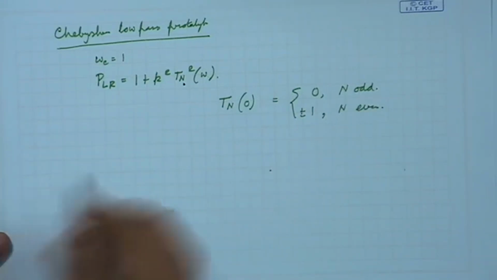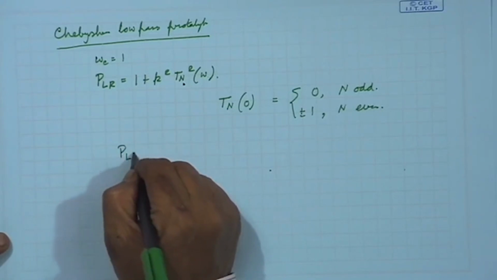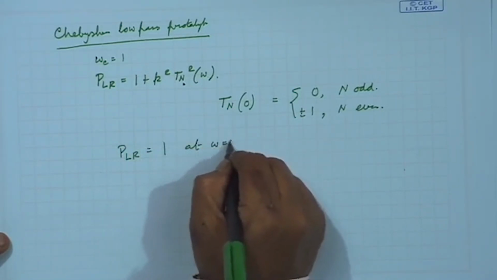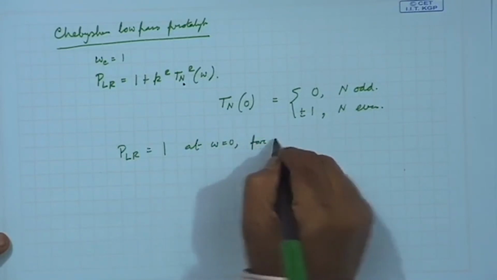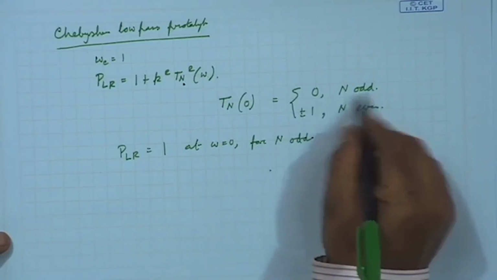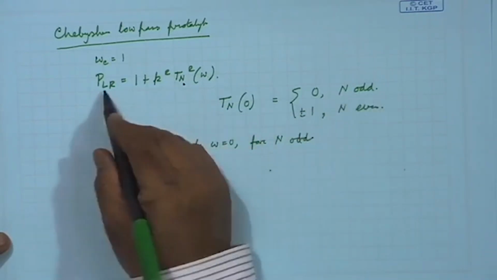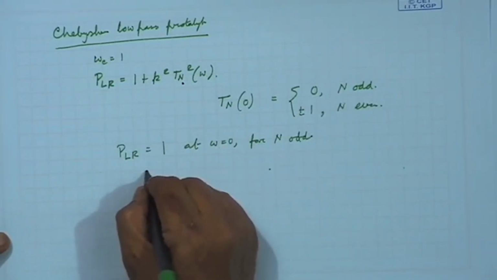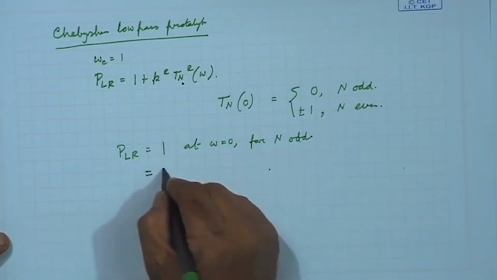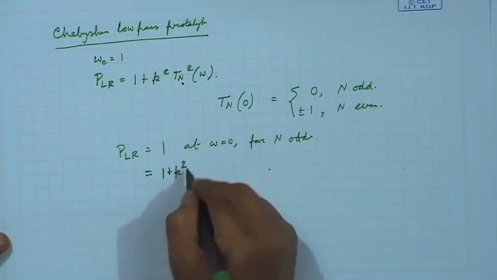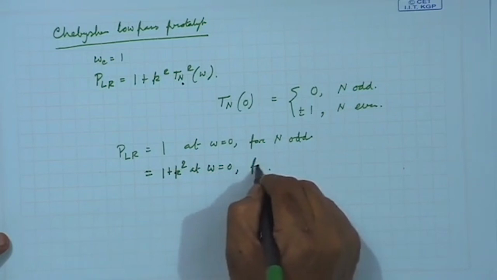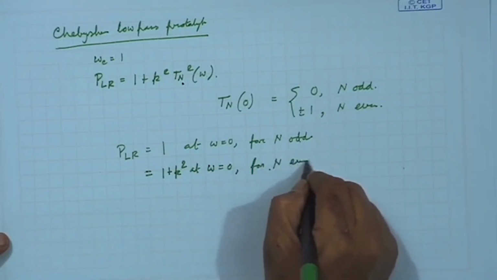So, accordingly, your PLR will be 1 at omega is equal to 0 for n odd, because if n odd T n is 0. And for n even, it will be 1 plus k square at omega is equal to 0.